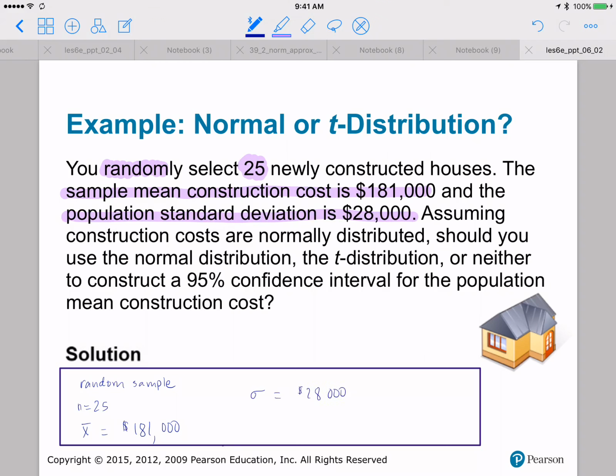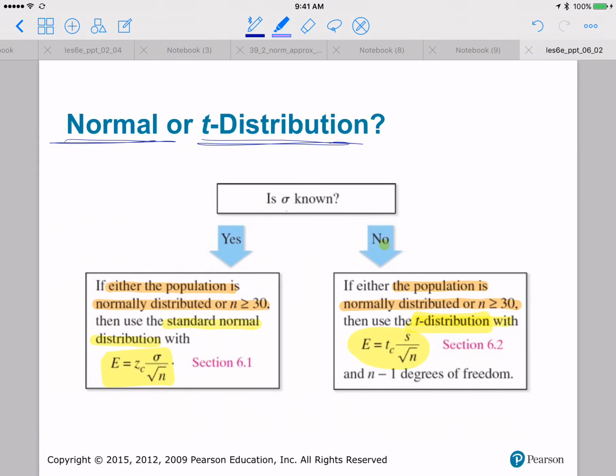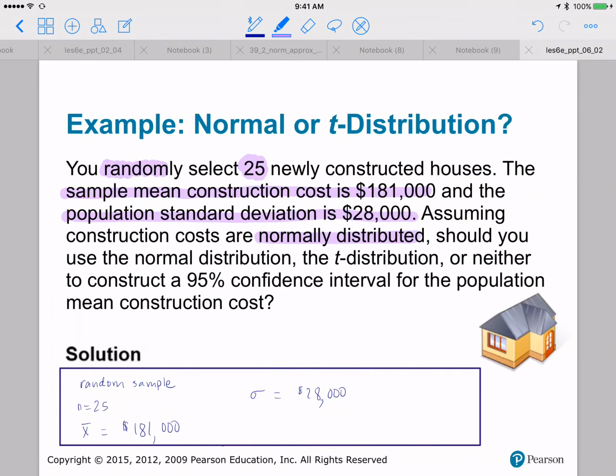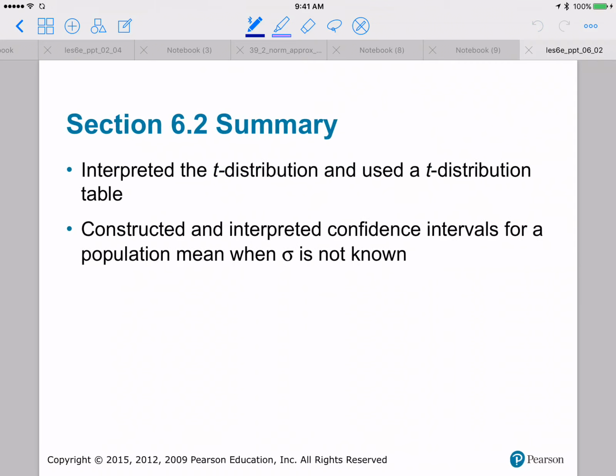Now, they tell me that assuming construction costs are normally distributed, now I know what I need to do, because the population is normally distributed, and my sigma is known, so I need to use the standard normal. So my solution is to use the standard normal distribution. Okay, all right, that's the end. Thank you very much.